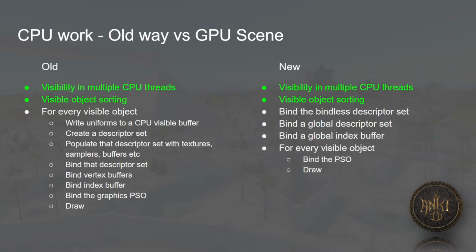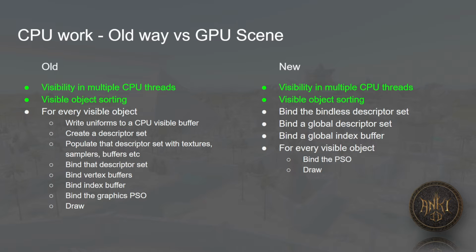Now on the right, we have the new way with the GPU scene. It starts the same with the visibility and sorting in the CPU, same as before. But what changes is inside the render pass. So now, for every render pass, we bind the bindless descriptor set once for all draw calls.